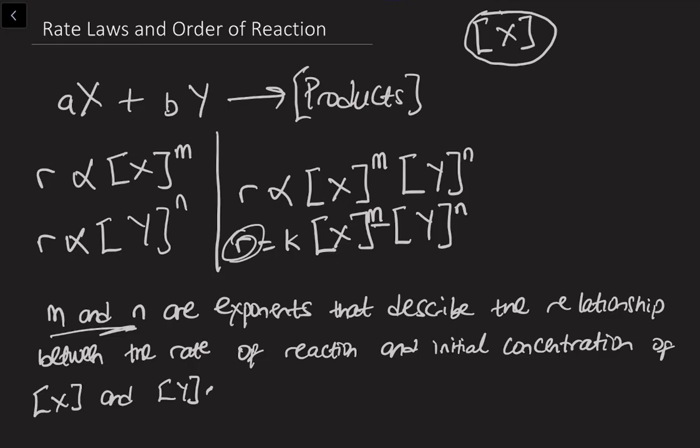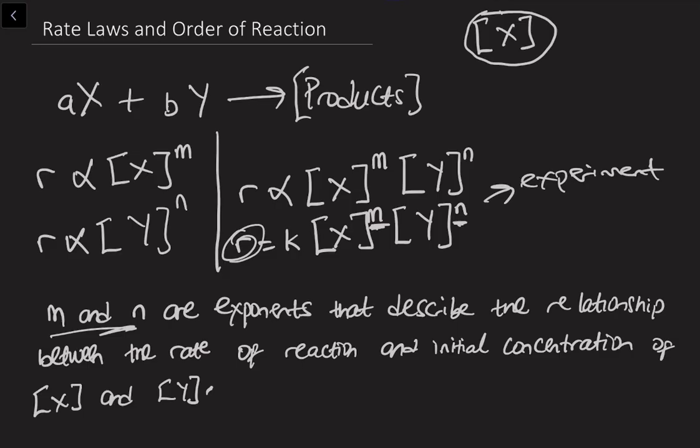Now these exponents, note, have to be determined via an experiment in the lab. It is not theoretical. And we'll take an example to show that, right? So these exponents M and N have to be determined experimentally.